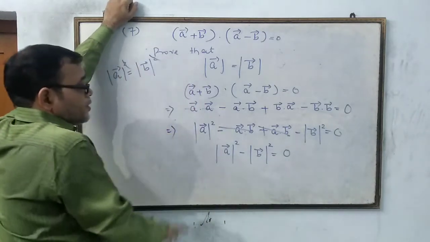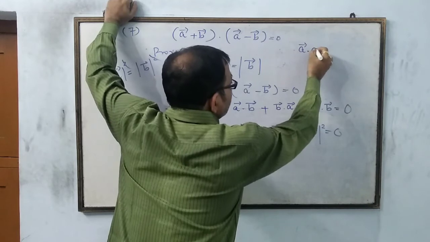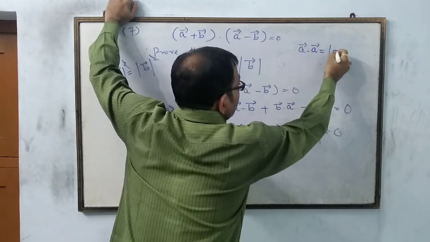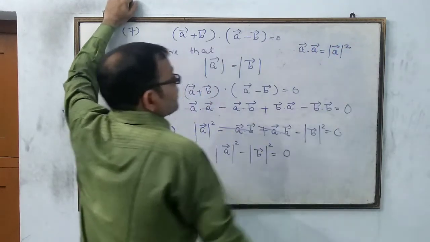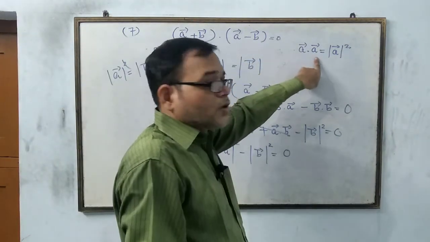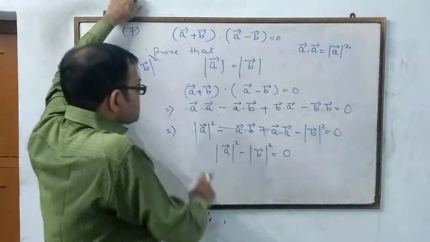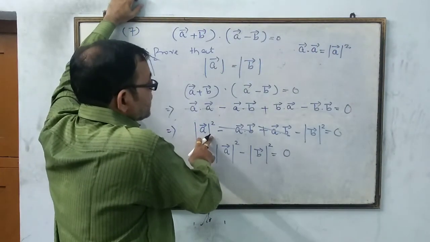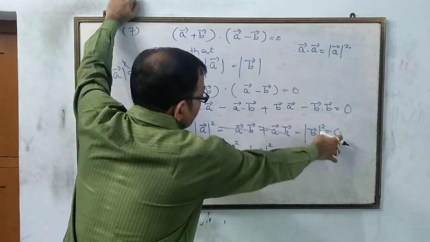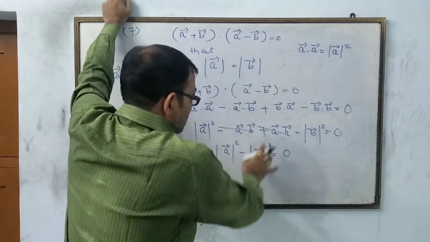A dot A, the dot product of two equal vectors, is the square of its magnitude. So it is the square of magnitude of A, and here the square of magnitude of B. B dot A and A dot B are the same, so these two get cancelled.